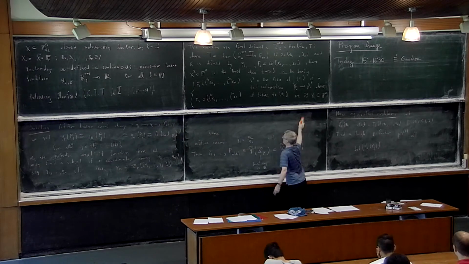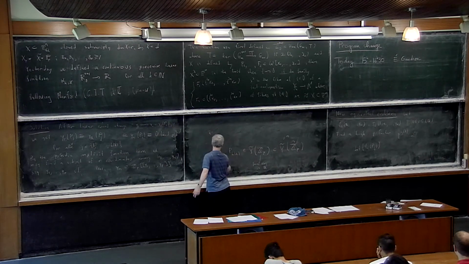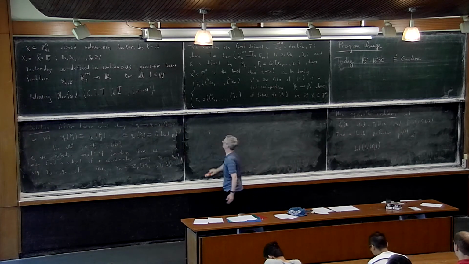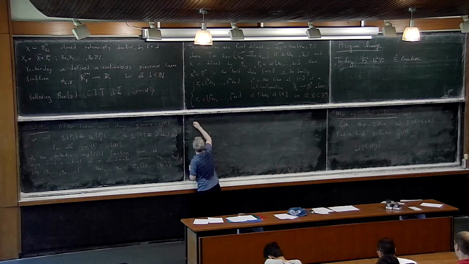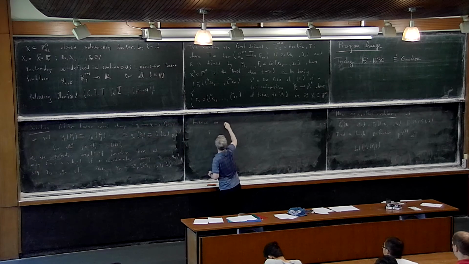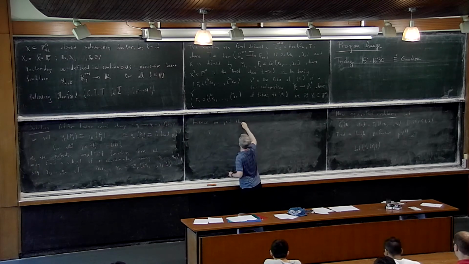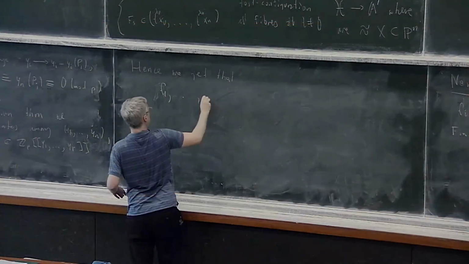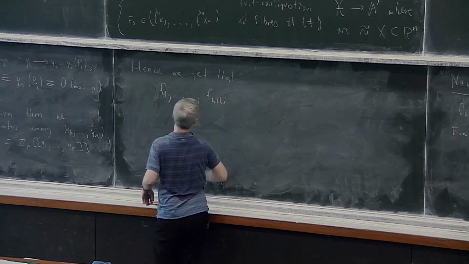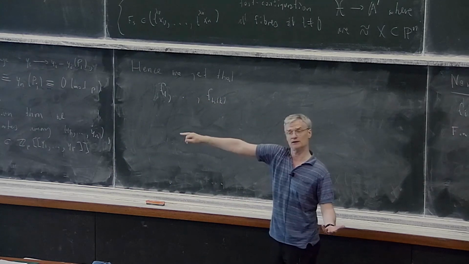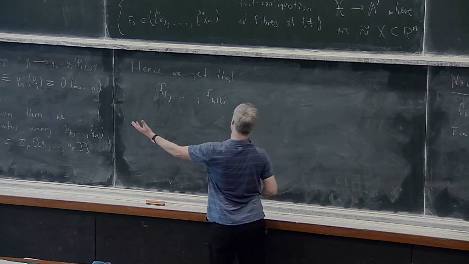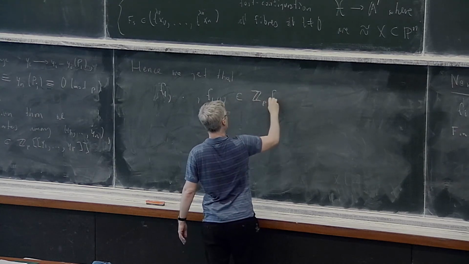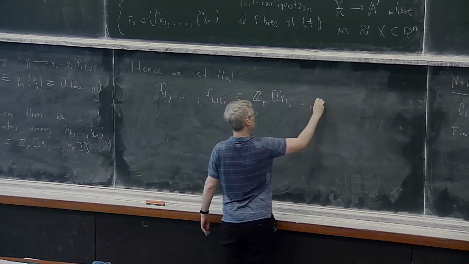Hence we get that these functions f_1, ..., f_{h_k}, since they are integral combinations of those coordinates, or polynomials with integral coefficients, also lie in the power series ring in y_1 up to y_r.